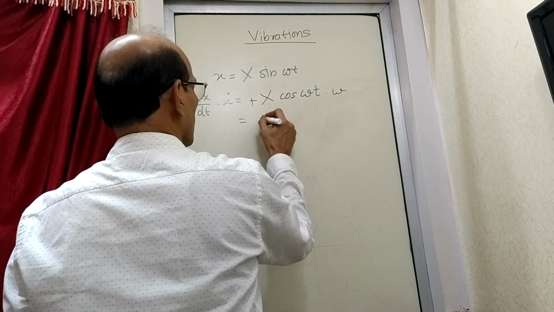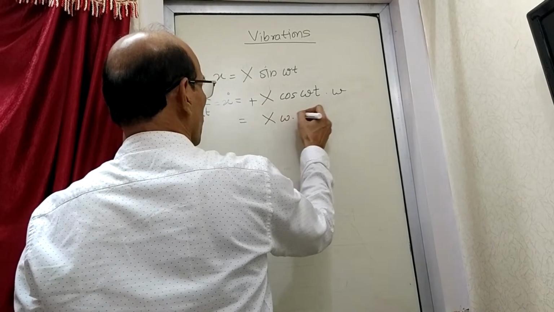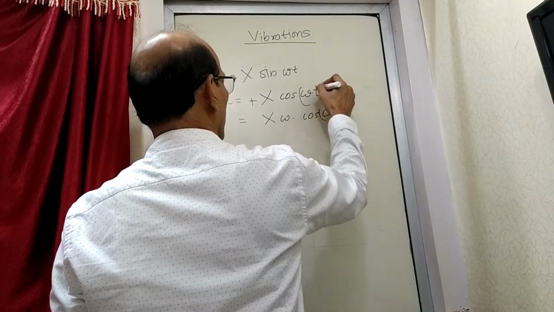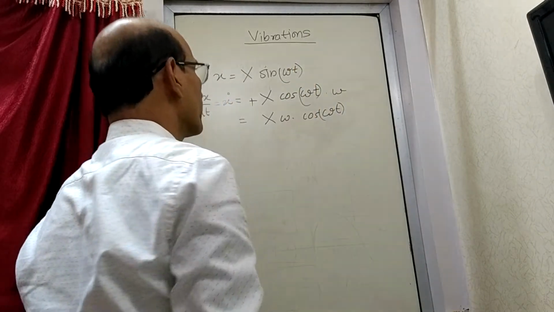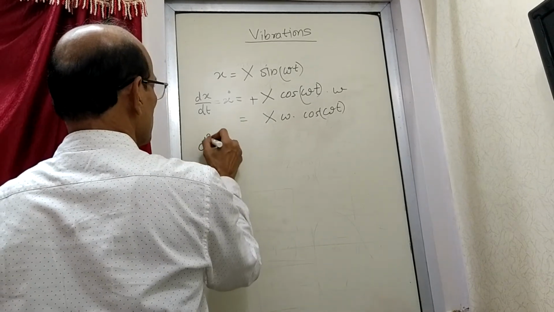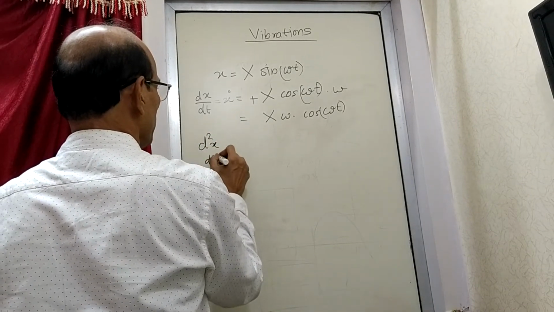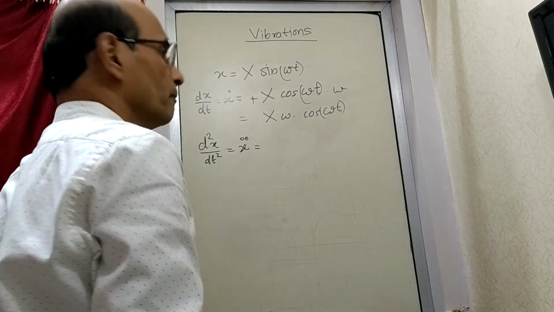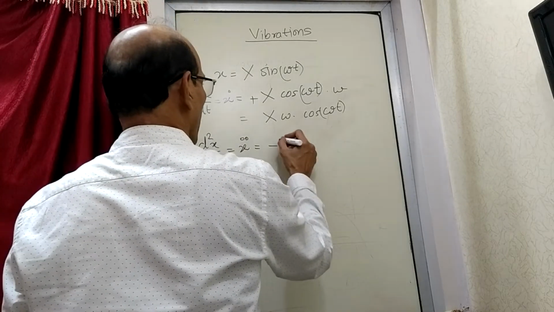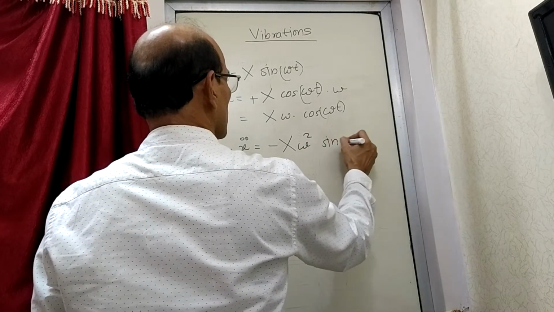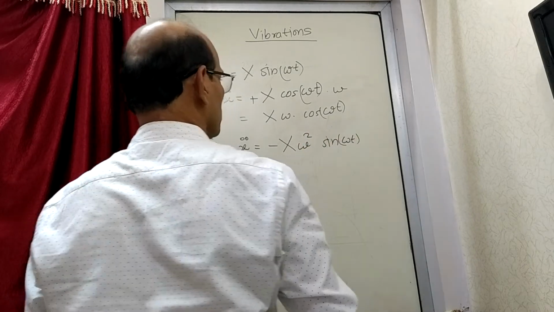I'll write here X omega cos omega t. Now if you take the derivative again, that means d square x by dt square, also called as x double dot, this becomes minus X omega square sine omega t.